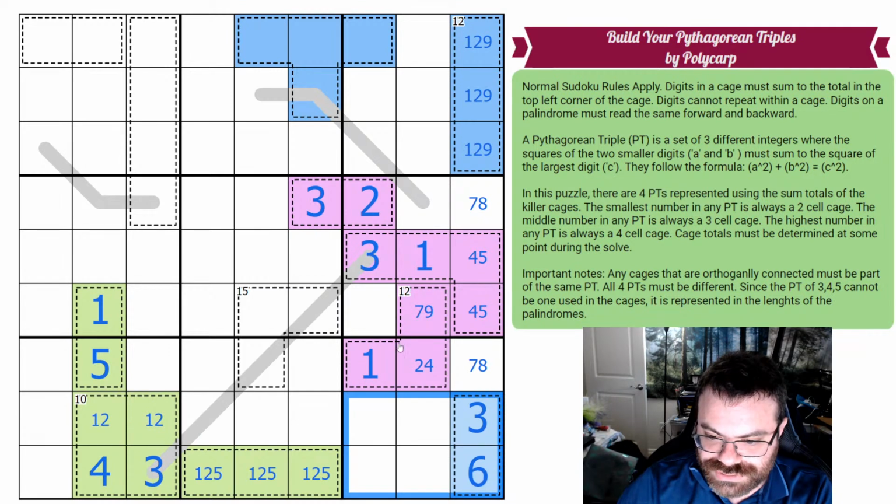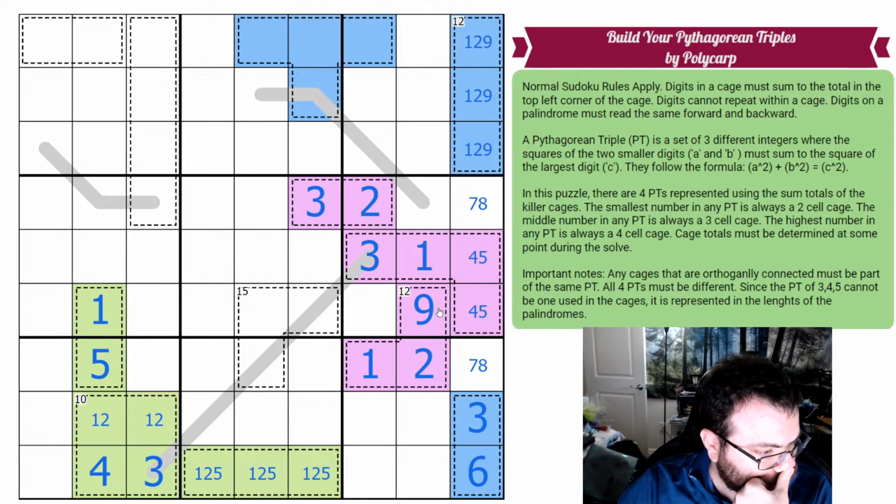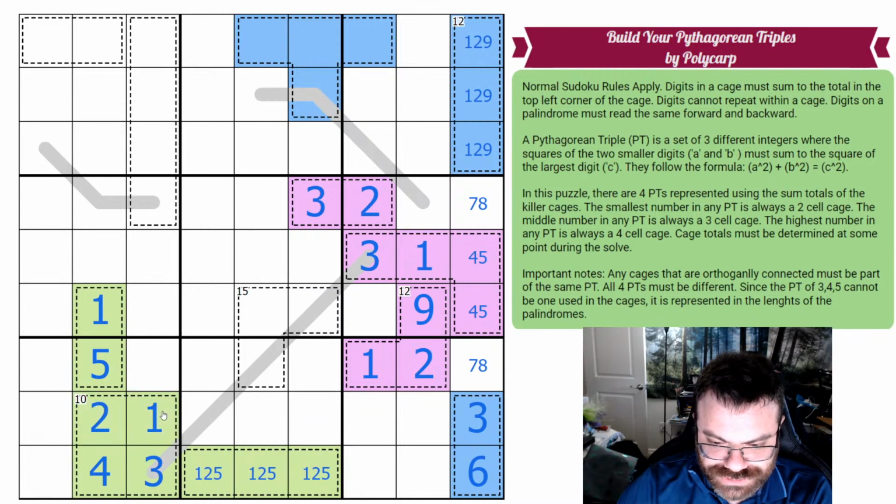Ah, yeah, 2 in this box goes here. So this is a 2, so that adds to 3, so this is 9 as well. This is 2 and 1.